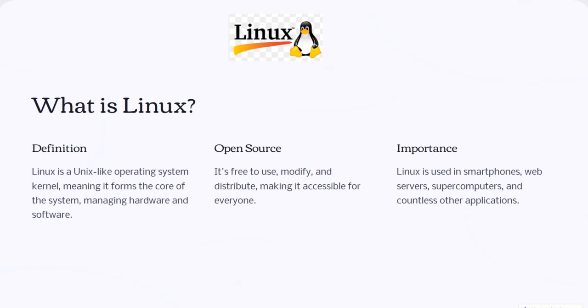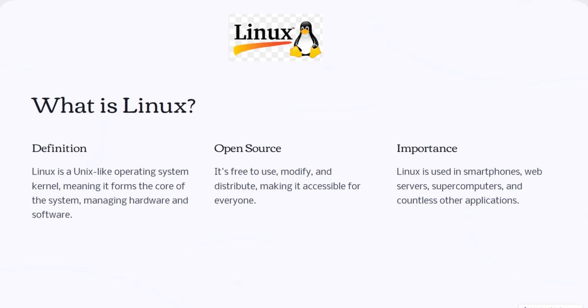First of all, what is Linux? Linux is an open source operating system kernel, meaning it forms the core of the system, managing hardware and software. The kernel is a mediator between your hardware and the operating system.